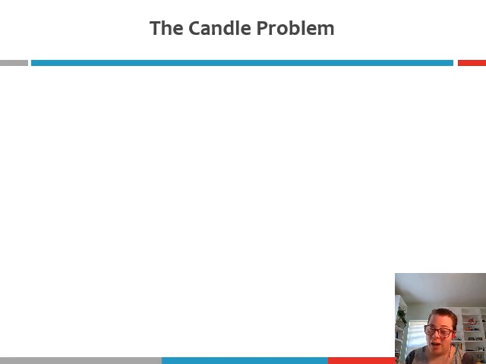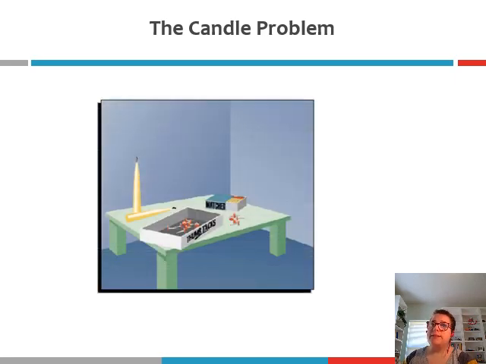Okay, so the first activity I asked you to do, or the first problem I asked you to attempt to solve, is something called the candle problem. This particular problem asks you to imagine that you are led to a room that contains a table.